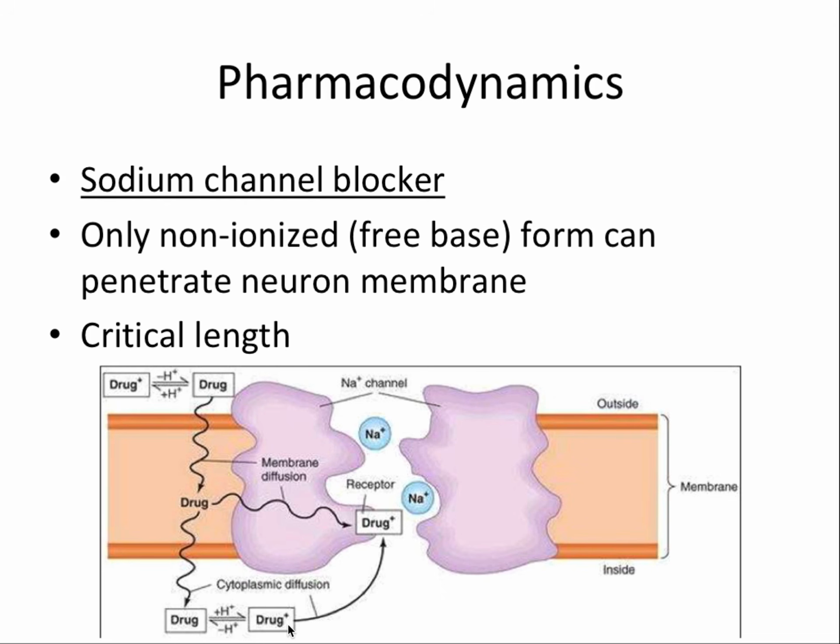Why exactly? Well, inflamed tissue has a lower than normal pH, or it's an acidic environment, which decreases the amount of non-ionized form available because the presence of these excess protons in an acidic environment favors equilibrium to the ionized form, which again means there's less of this non-ionized form that can diffuse through the membrane and actually block the sodium channel from within.